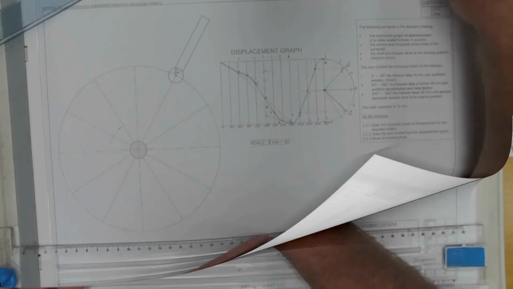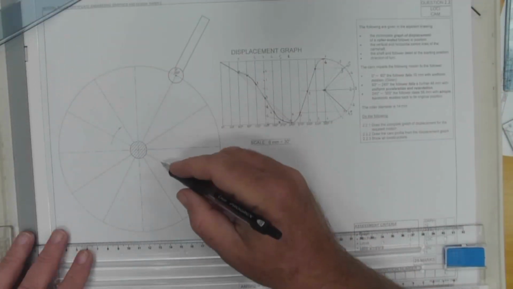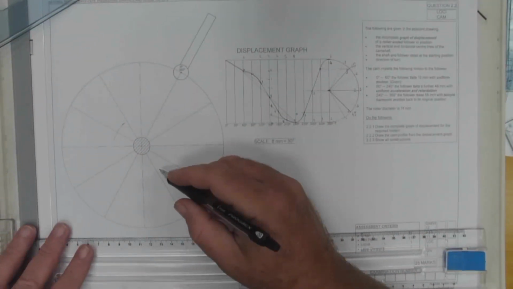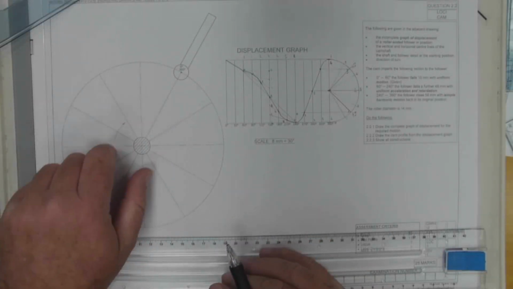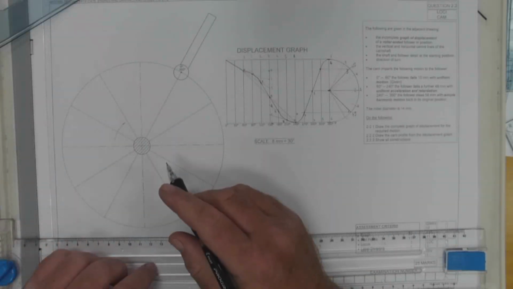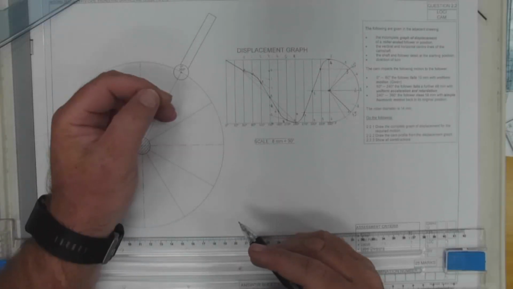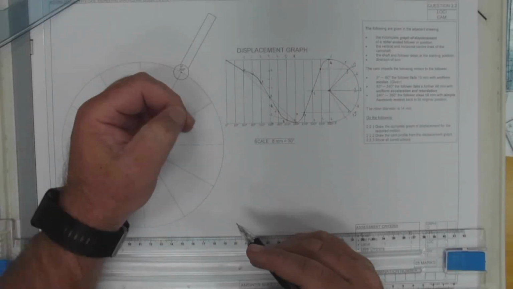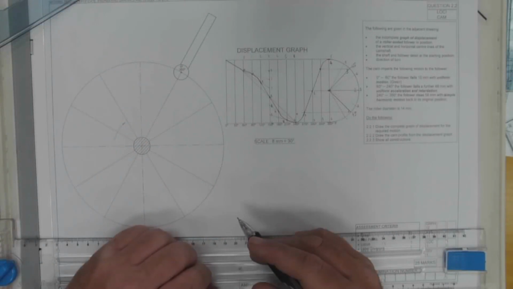Now my direction of rotation is clockwise, so what I need to do is work anti-clockwise with my labeling, because what is happening is it's the cam profile that's turning, not the follower.